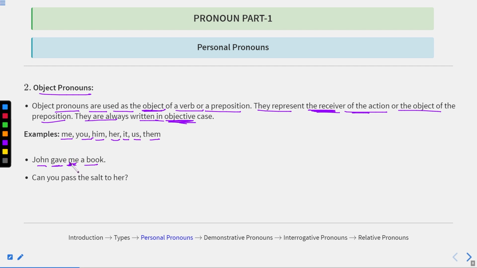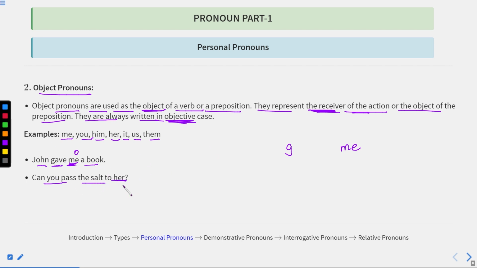This is an indirect object. We know well that we have two types of object: one is direct object and another is indirect object. So John gave me. Me is an object over here. This me is actually the objective case of I. I is the nominative case for which the objective case is me. After that, can you pass the salt to her?